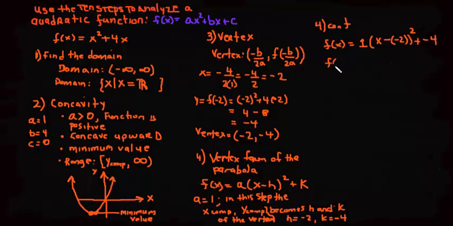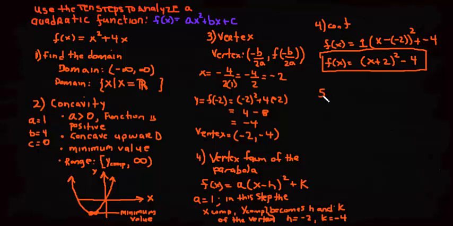Here, f of x is going to equal, and this is understood to be 1 on the outside of the parenthesis, x plus 2 squared minus 4. This is your vertex form of the parabola, folks. Everybody see that?